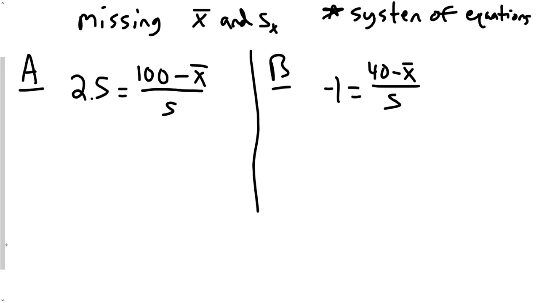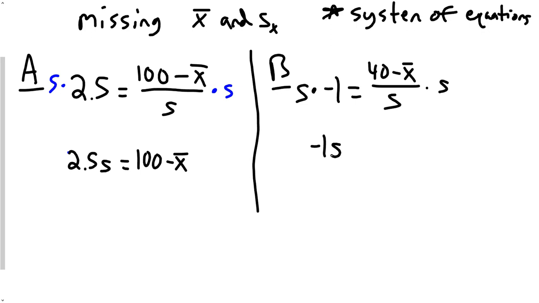Either way for this, I'm going to get the s off the bottom. So I'm going to multiply both sides by s here. So I have 2.5s equals 100 minus x bar. And this one I'm going to multiply by s on both sides as well. So I have negative 1s equals 40 minus x bar. And I'm going to just use elimination because I can line these things up and eliminate one of the variables.